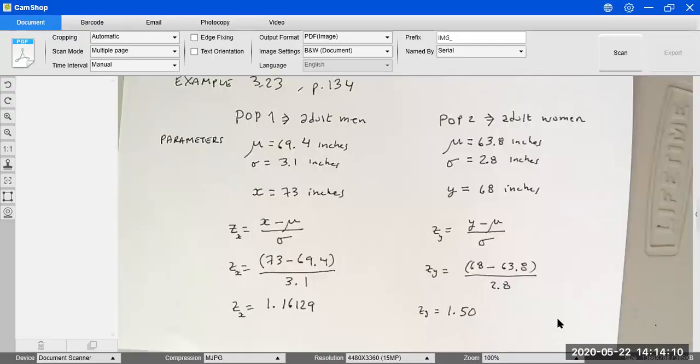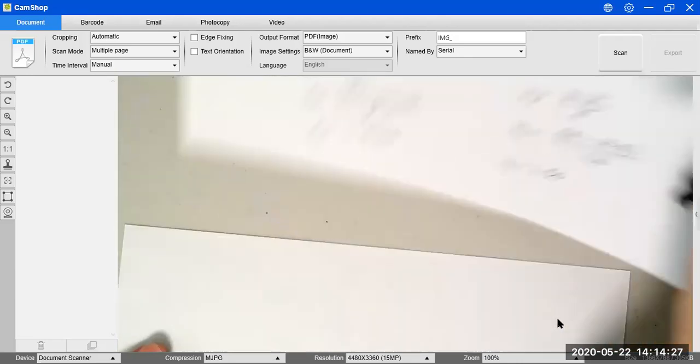So now we can say something about this. Who is taller? We're going to write our response, and we can use some figures to understand this better.